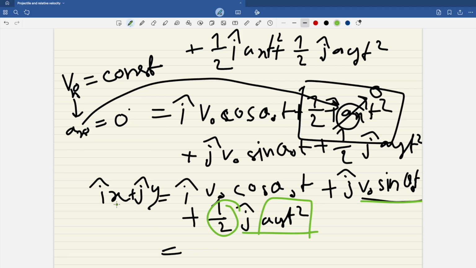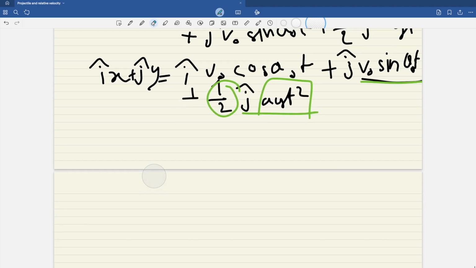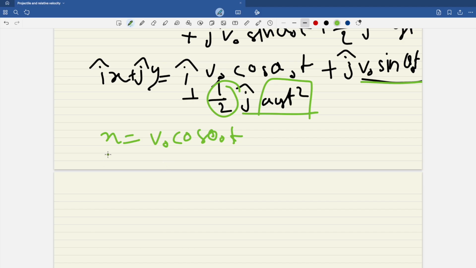So if I equate the coefficients, x equals v naught cosine theta naught t and y equals v naught sine theta naught t plus half ay t square.